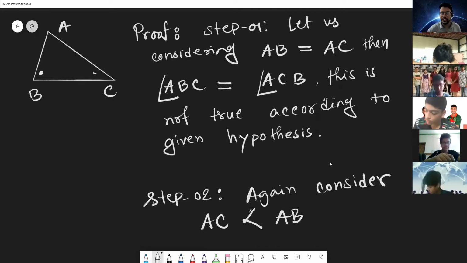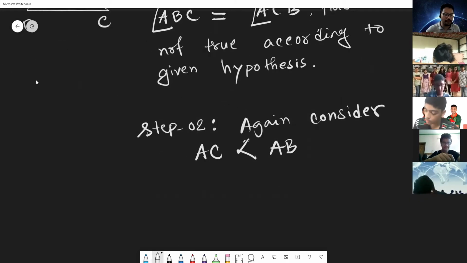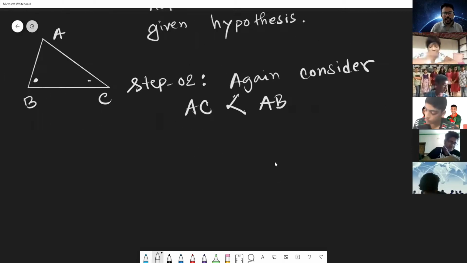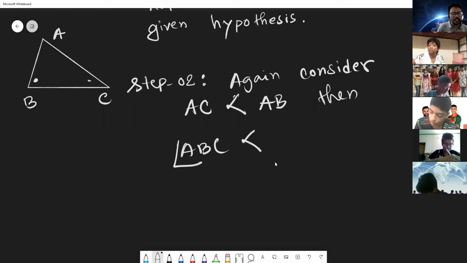So when AC is smaller, that means the angle opposite AC will be smaller than the angle opposite AB. The opposite of AC is angle ABC, which is smaller than the opposite of AB. That means the opposite of AB is ACB, which is not also true.